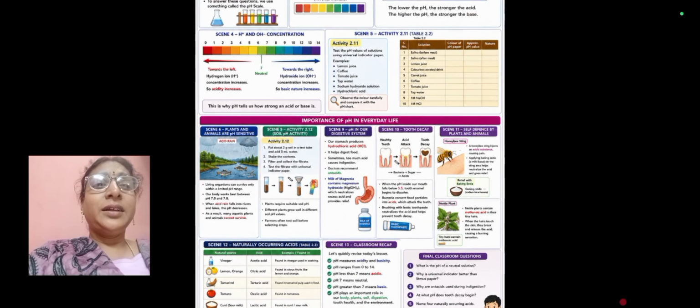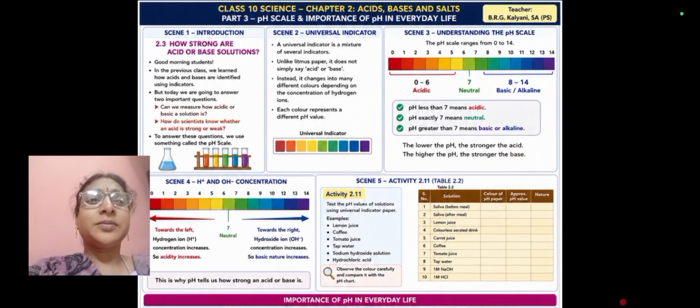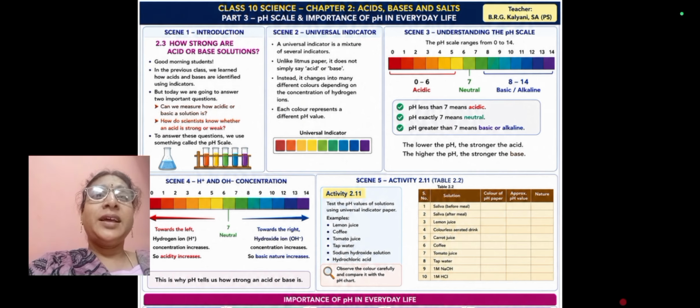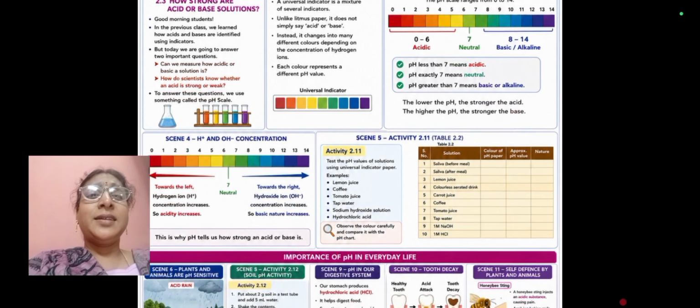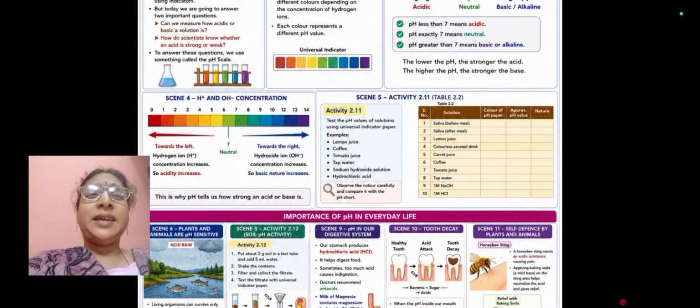That is the pH scale and the importance of pH in everyday life. Here we are discussing how strong acid or base solutions are, and we have to learn about the universal indicator and understanding the pH scale and H plus and OH minus concentration.